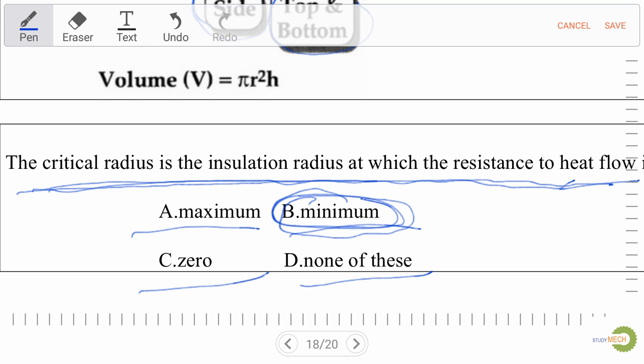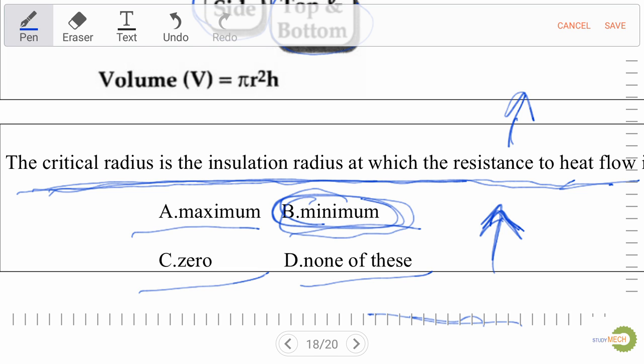If the resistance to heat flow is minimum, then heat transfer will increase, and up to the critical radius of insulation heat transfer will increase, and beyond that limit heat transfer will decrease because resistance will increase, but convection heat transfer will increase due to the increase in surface area.